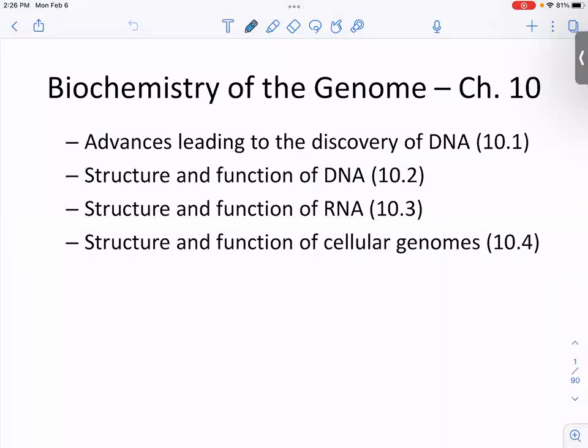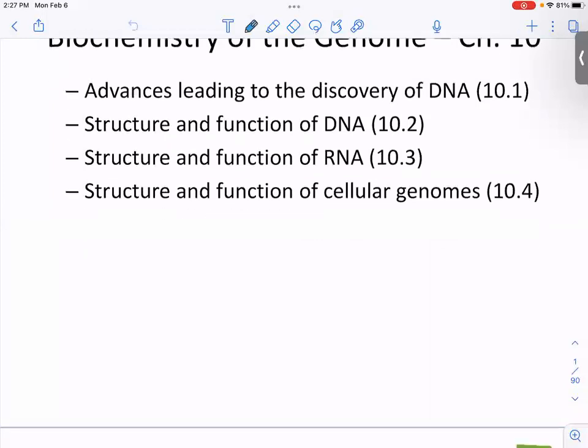We're going to pick out a few things there to talk about, and then think about the structure of DNA and RNA, and hopefully that will look pretty familiar to you, as well as the differences between a prokaryotic genome and a eukaryotic genome. We've talked about that a little bit already, so that should be a little review as well.